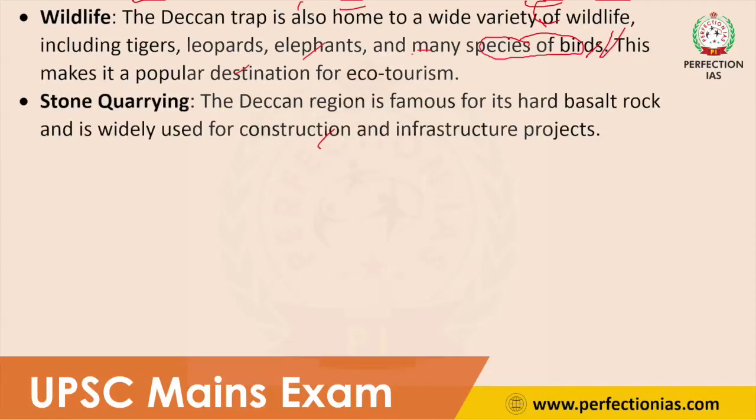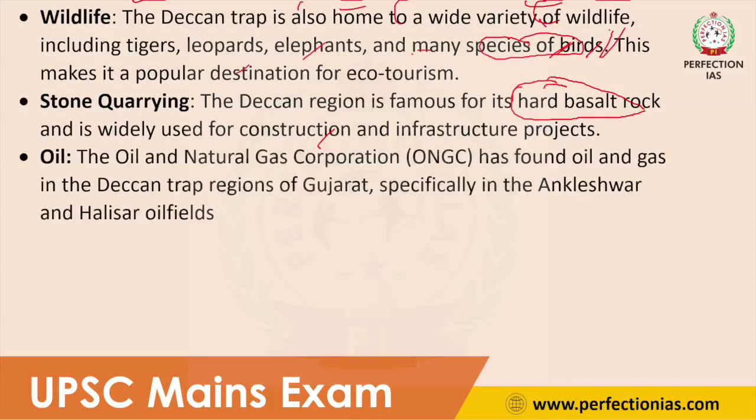Already we have seen that this region is blessed with minerals. The rock in this region is hard basalt rock. This hard basalt rock is quarried and used for construction and infrastructure projects. The next resource is oil. One of the important resources in this area is oil.